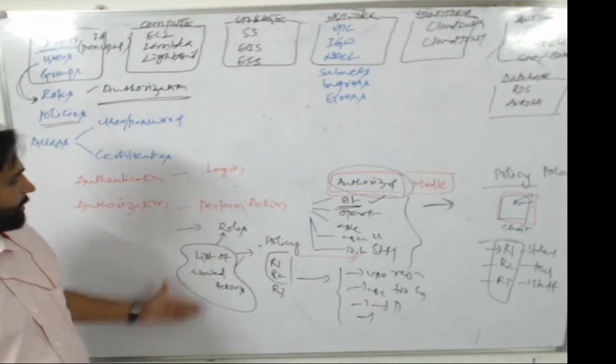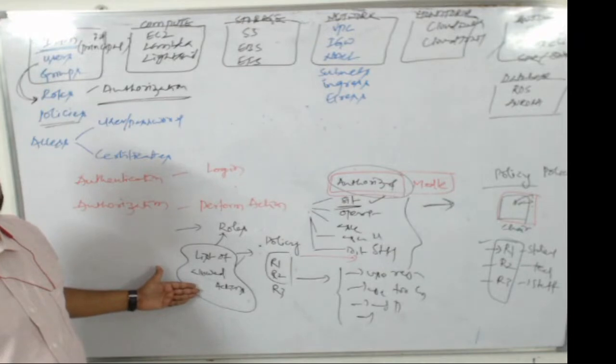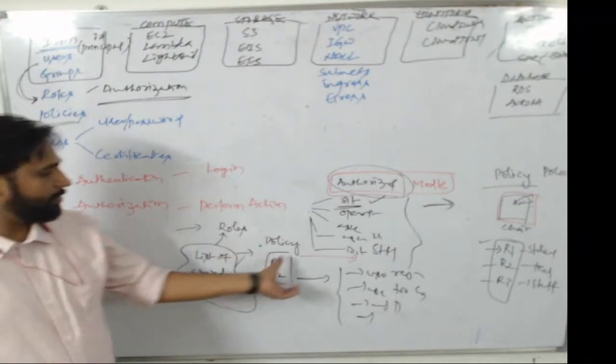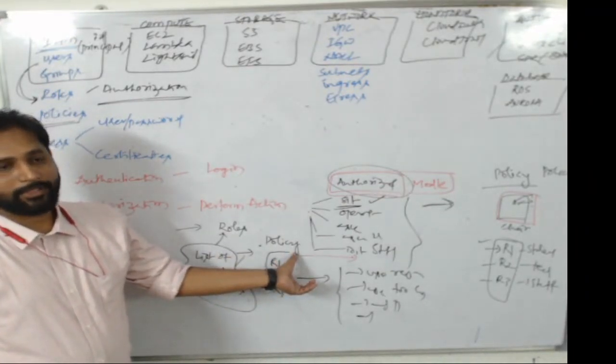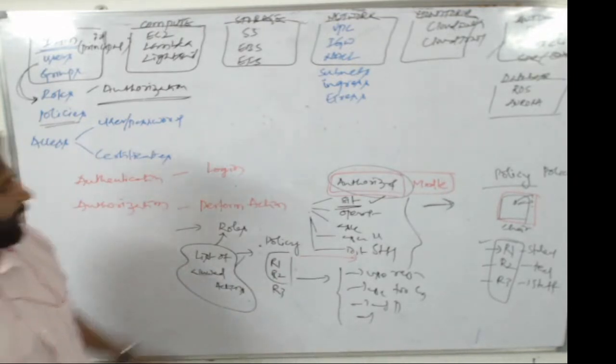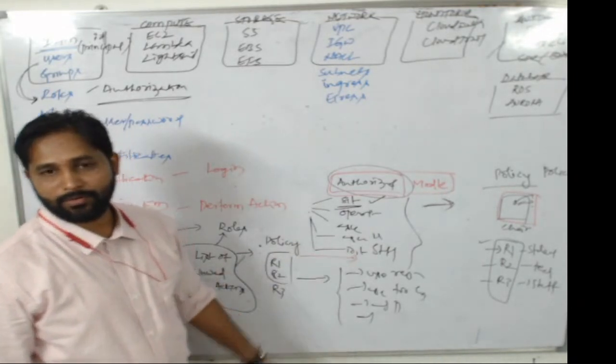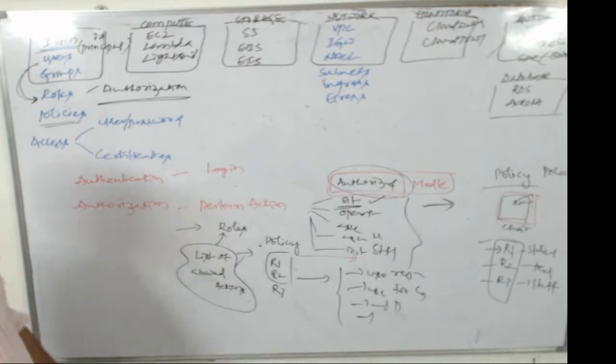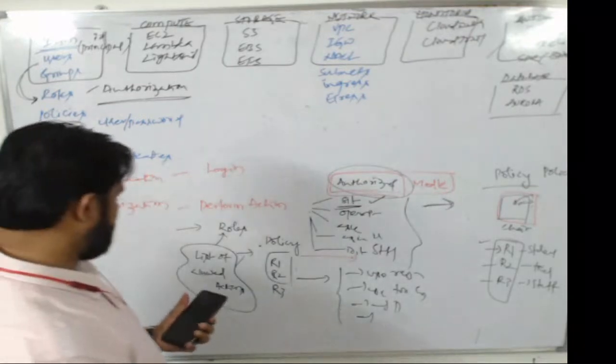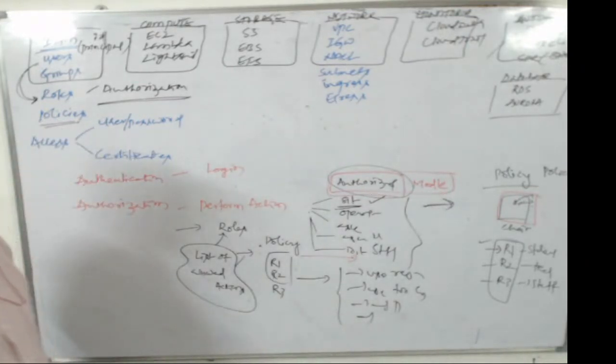The role simply lists out what you are allowed to do. And this role is also attached to a policy object. A policy is simply a list of allowed roles. All right. Any questions so far?